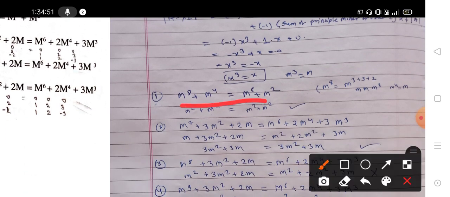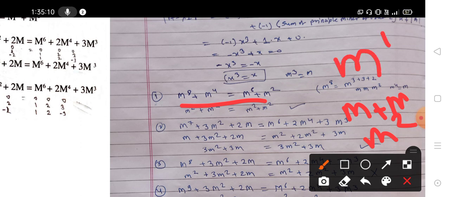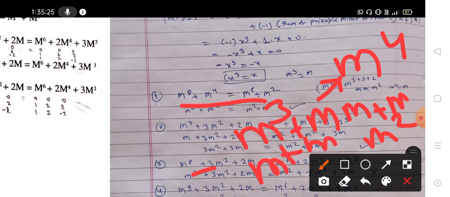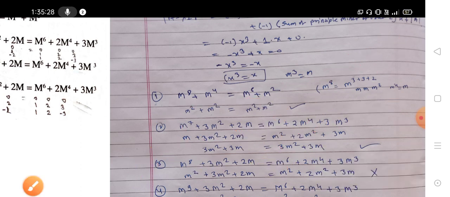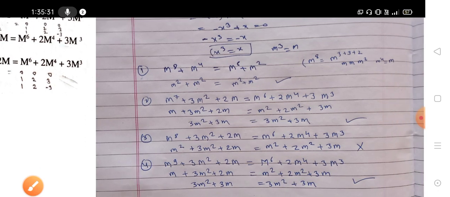Put M cube equal to M. Here M raised to 8 is M raised to 3 plus 3 plus 2, which gives M square.